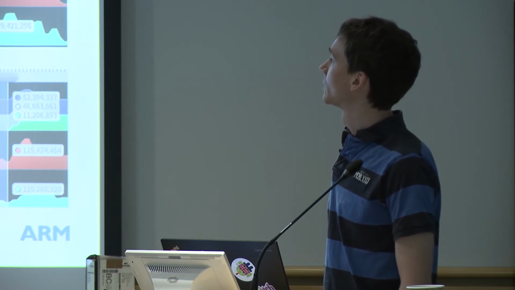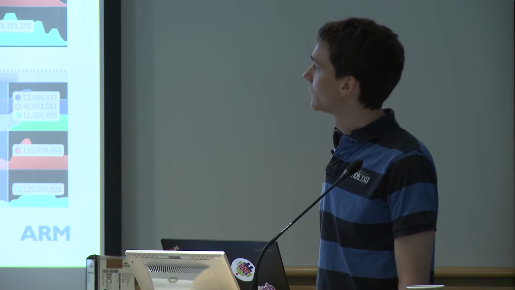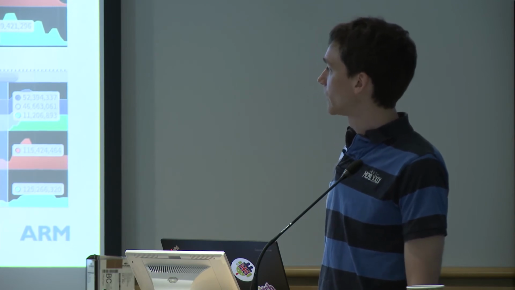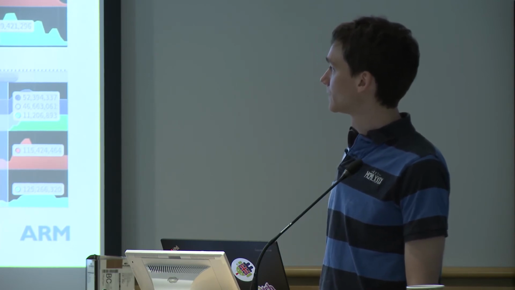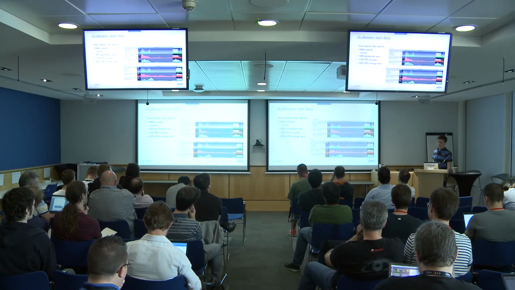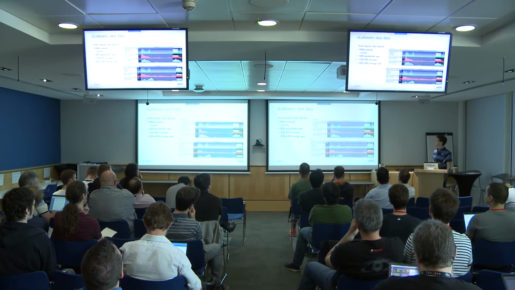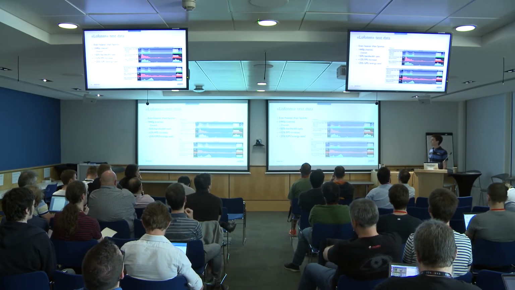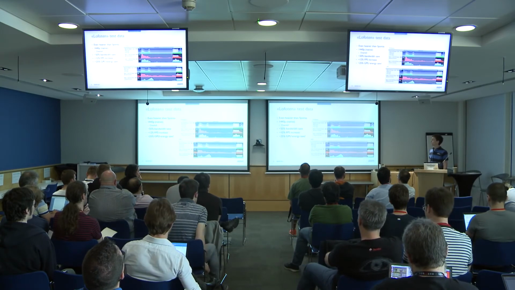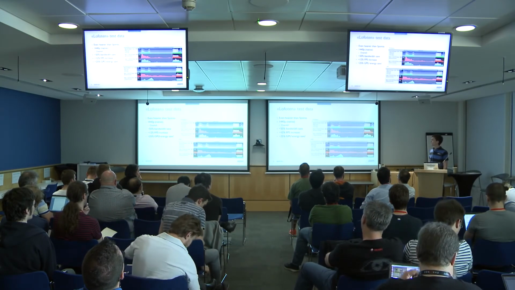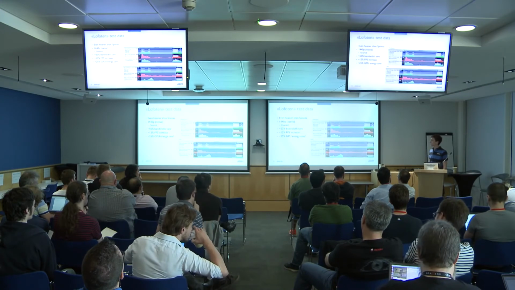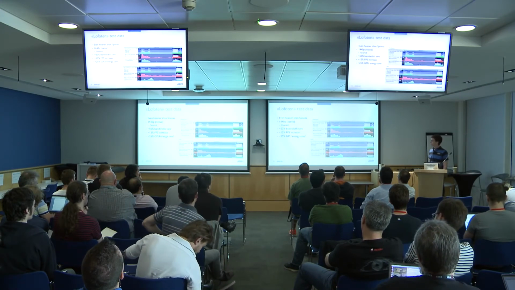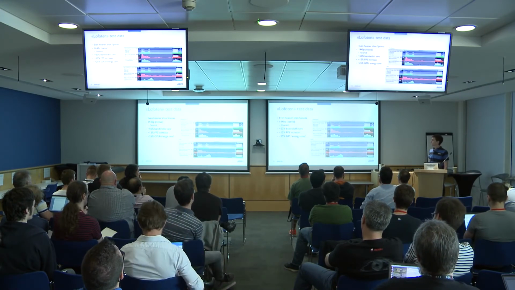So we saw a 50% bandwidth saving, about a 12% frame rate increase, and we also measured power on this demo. We compared multipass with regular forward shading, with regular multiple render target rendering, and we saw a 25% energy saving, which is substantial.